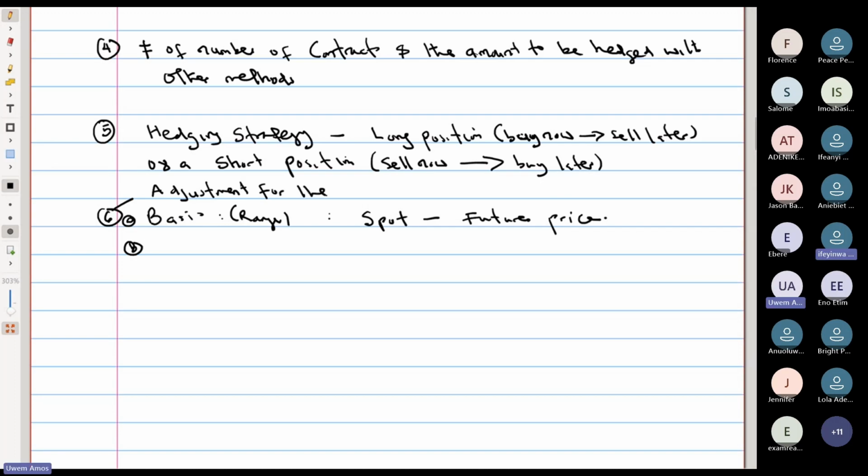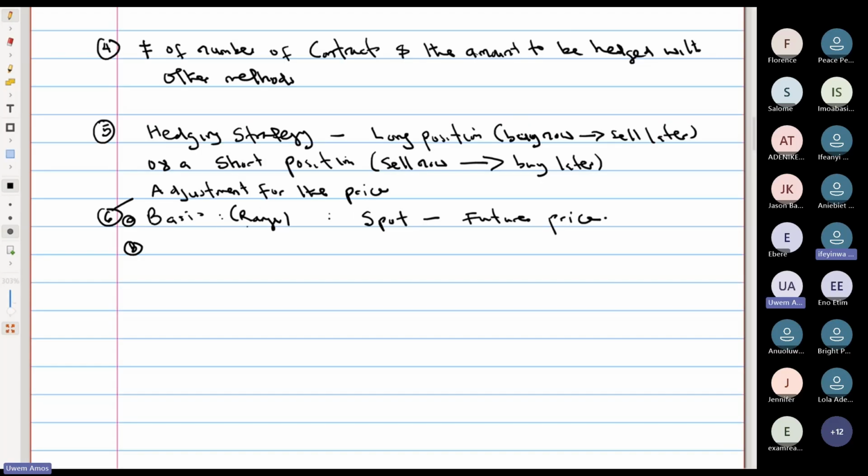So you enter into a contract and it's meant to mature in March at a specific price, but you're not holding that futures up to March. So you need to make an adjustment for the price. And to make an adjustment for the price, we determine the price range, which is the difference between the spot price and the futures price.